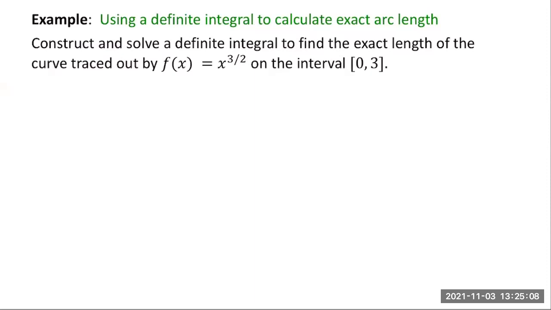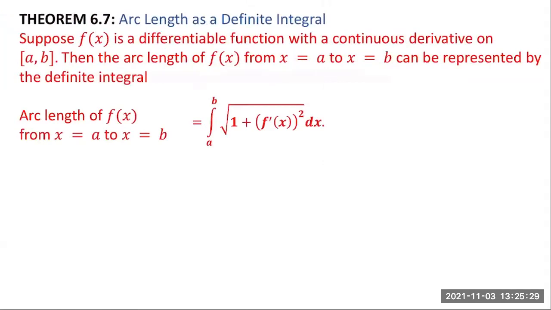All right, next let's go over this example. Construct and solve a definite integral to find the exact length of the curve traced out by f of x equals x to the power 3 over 2 on the interval 0, 3. This is a straightforward application of this theorem.